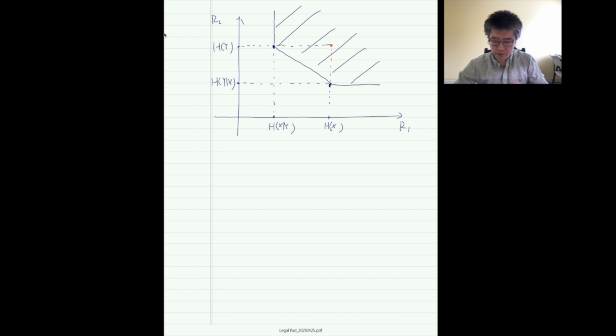If we do this for x, then we can achieve H of X. If we do this for y, we can achieve H of Y. Obviously, anything above here can be achieved easily. So the question is, how can we achieve something in between here? That's the tricky part for this distributed source coding.